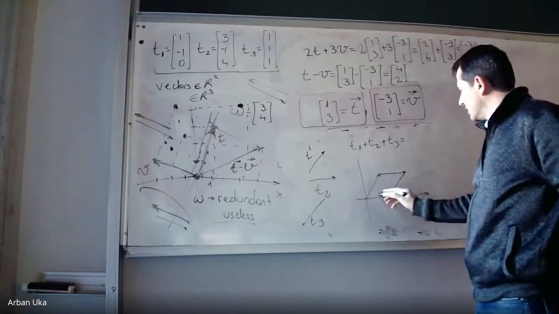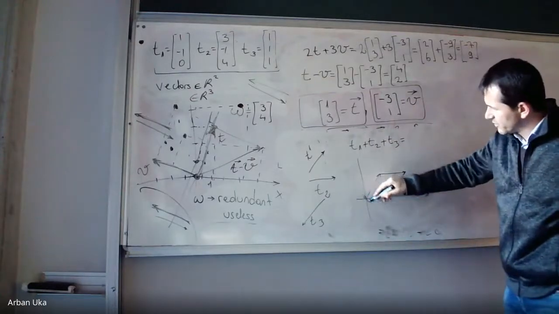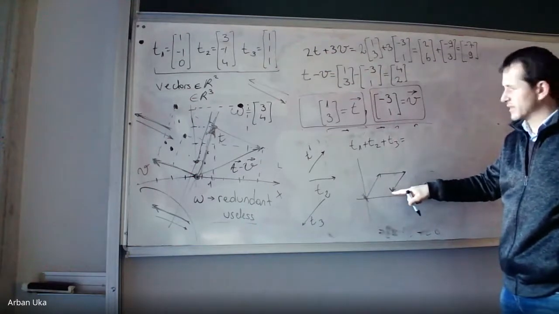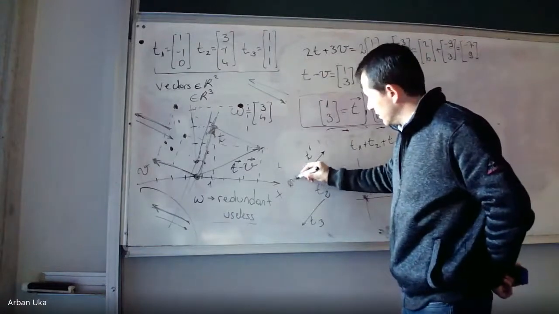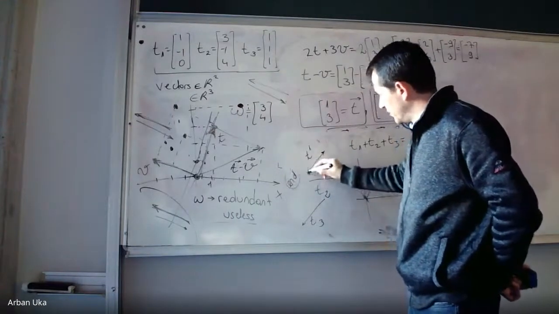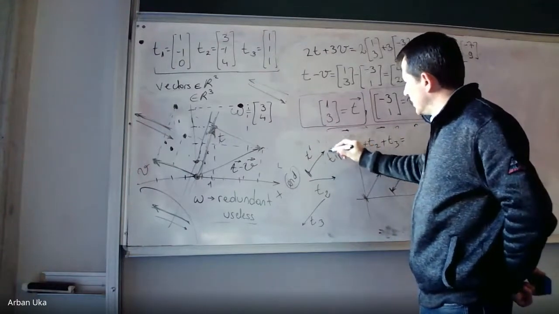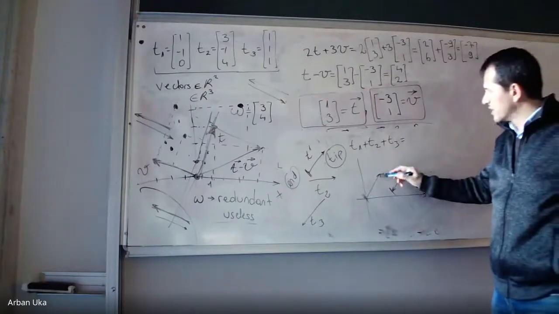The result is going to be a vector which is between these 2 points. We start from the end of the first vector to the tip of the last vector. And when we add vectors together, we just put them in a row.